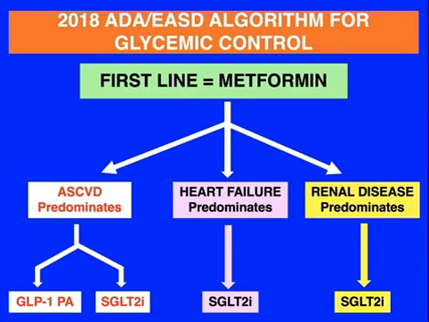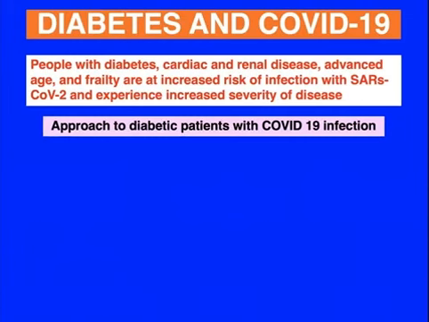Now, unfortunately, we are dealing with this COVID-19 epidemic. And people with diabetes, people with underlying heart and renal disease, our elderly population, and people who are frail are at increased risk for this infection with the SARS-CoV-2 virus.